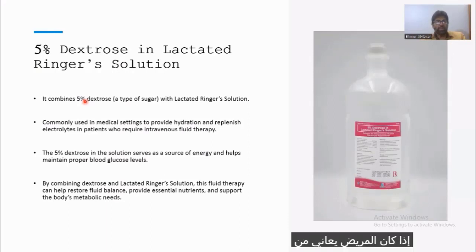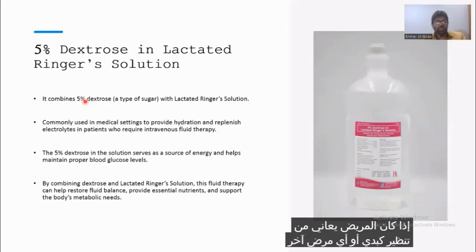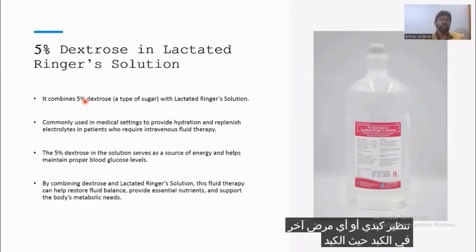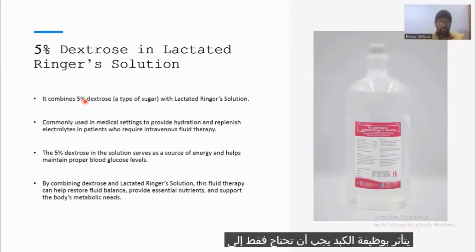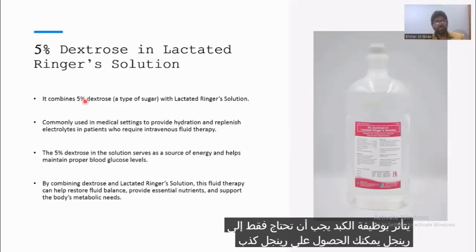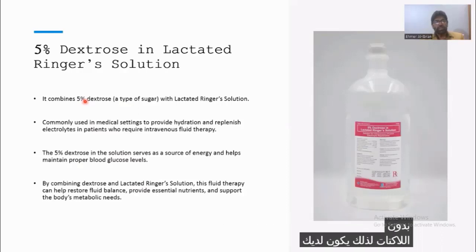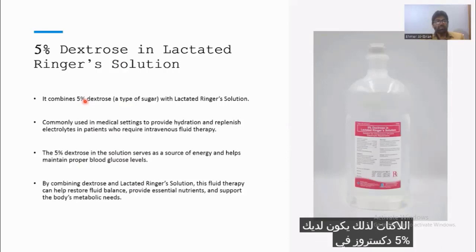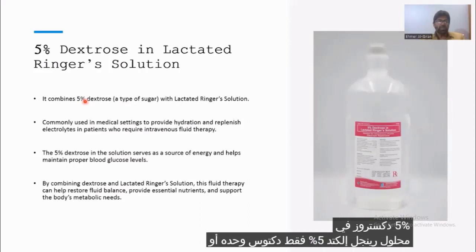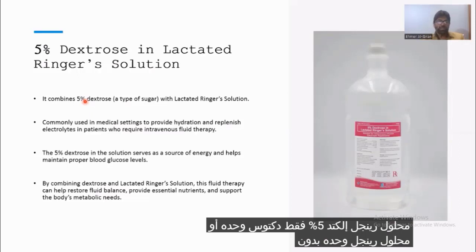If the patient has hepatic encephalopathy or any other liver disease where liver function is compromised, you need only Ringer solution. You can get Ringer solution without lactate. So you have 5% dextrose in lactated Ringer solution, or 5% dextrose alone, or Ringer solution alone without lactate.